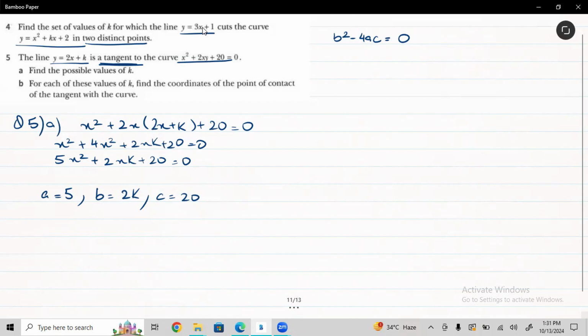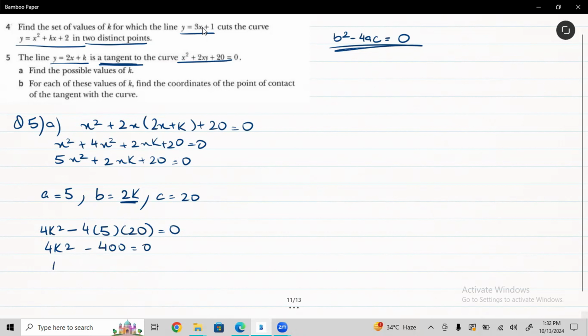What we are going to do next is substitute this into the discriminant, b squared, which is 2k as a whole squared, equal to 4k squared, plus minus 4 multiplied by a multiplied by c is equal to 0. Again, simplify this, 4k squared minus 4 times 5 times 20, which is 400, is equal to 0.